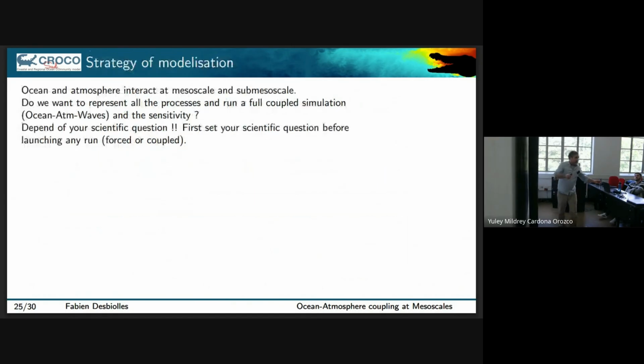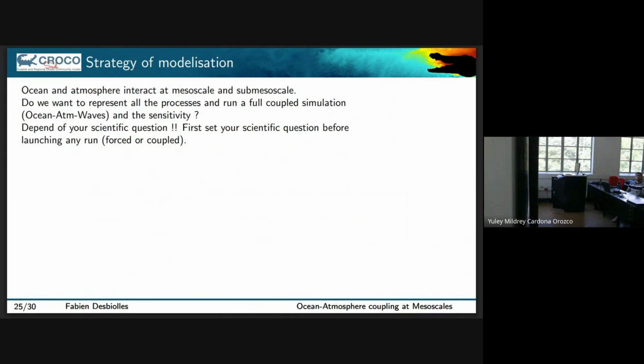Now I'm going to conclude and finish the presentation to say, once again, as was my first word: before running any simulation, we have to set a scientific question. It's not good to say, okay, I'm going to run that, and then maybe I'm going to see this or whatever. The setup really depends on the scientific question.